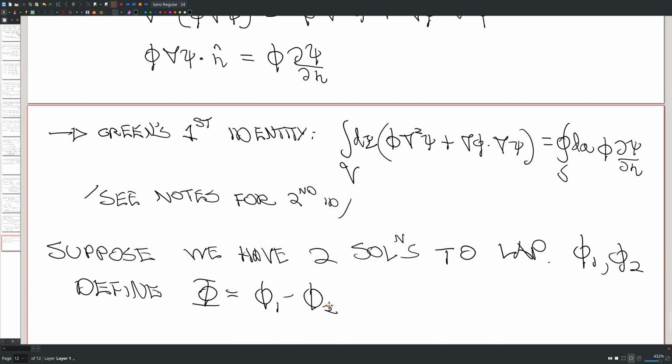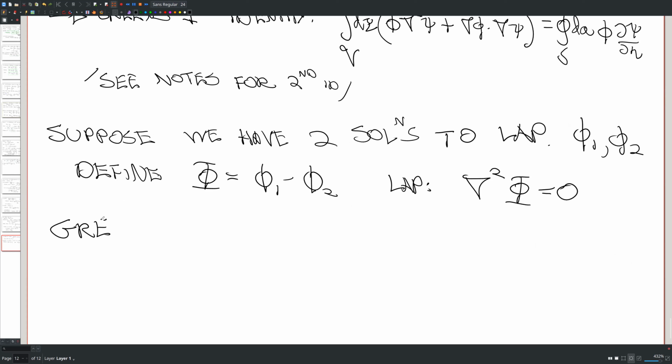Okay. However, what I'm going to do is use Green 1 with phi equal to psi equal to this big phi. Okay, and what does that tell us?